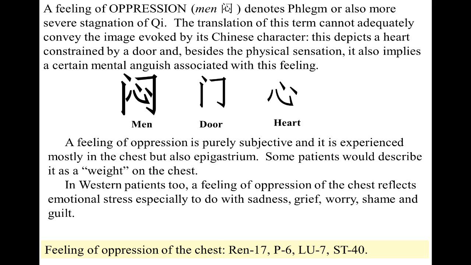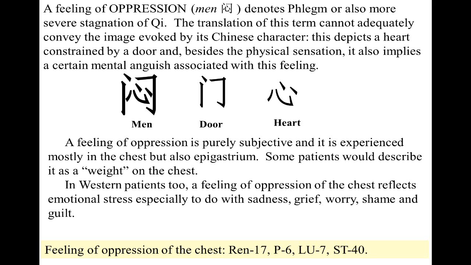And it occurs in the middle burner. You don't have a feeling of oppression in the lower burner, so mostly in the middle burner and chest. And I repeat, it is purely subjective. And if you look at the Chinese character for it, it's very evocative, because there is a door with a heart inside.